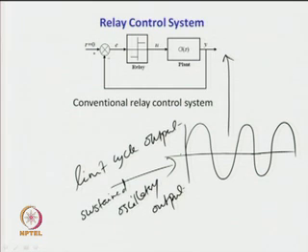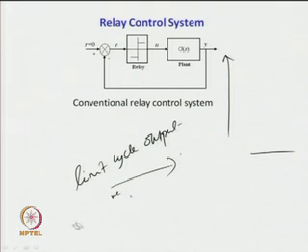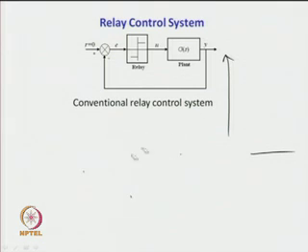So, this is the beauty of this scheme. A relay control system ensures or guarantees or induces limit cycle output for a closed loop system. So, when a relay is put in the feed forward path, then the output of the closed loop system becomes oscillatory.